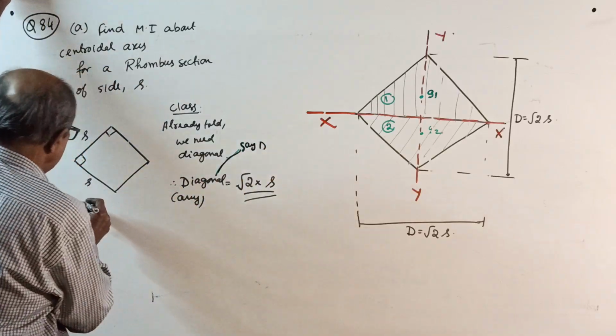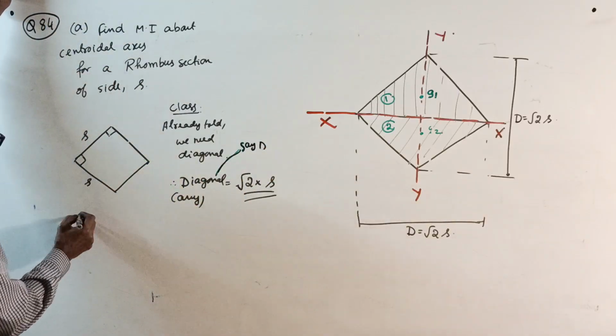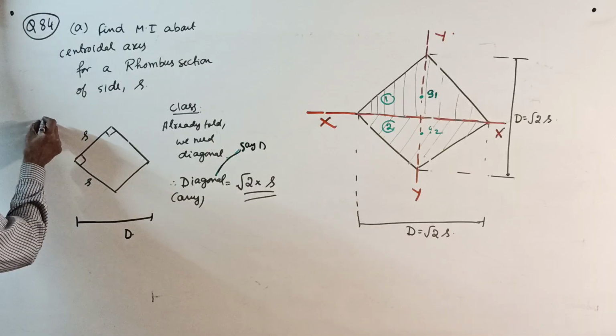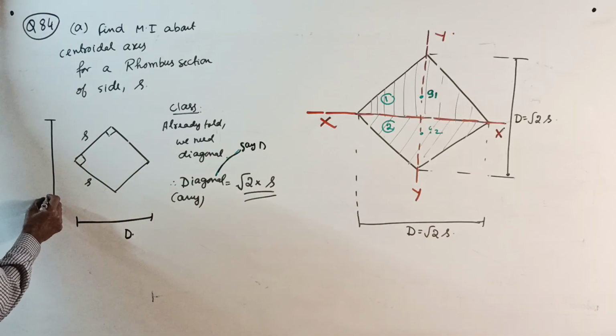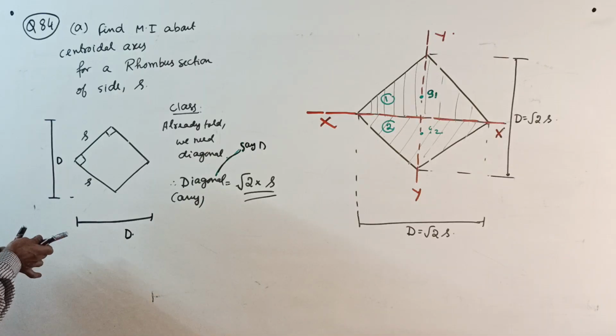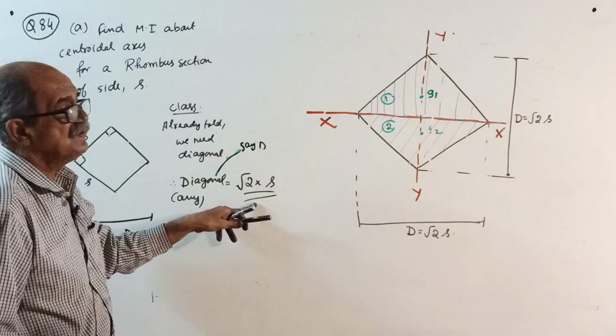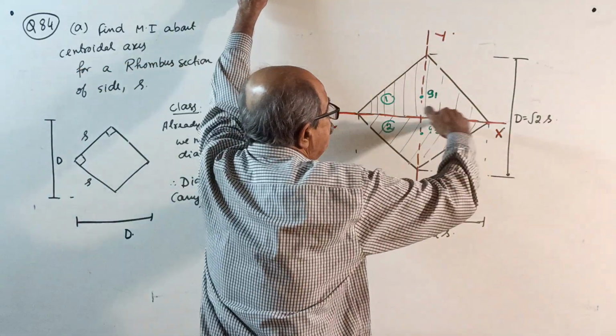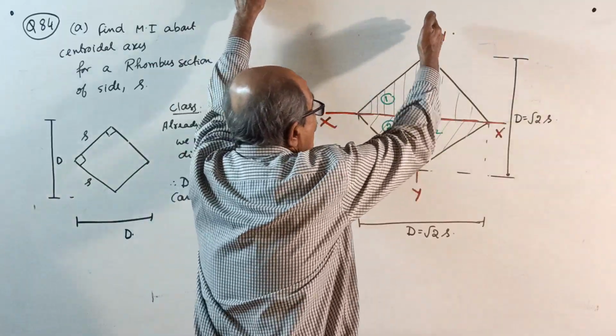You can do one thing, you can mark here. Write the section once again and write here. This is one of the diagonals. This is the other diagonal. Mark here D. So any diagonal equals root 2S. Now, this is perfectly symmetrical about x and y.